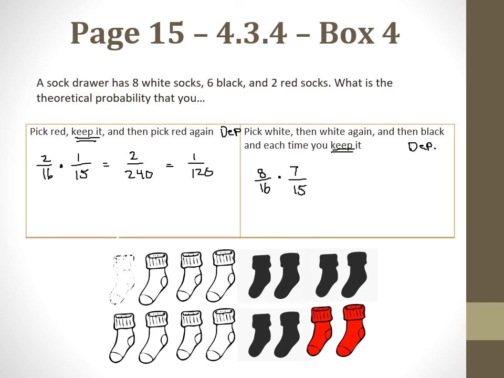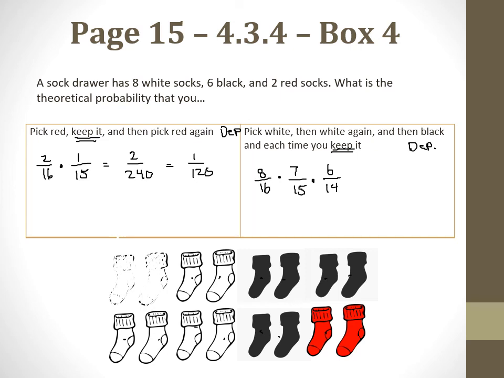But assuming that you do, that second white sock is also gone. You've got a matching pair on your foot. But then you go back in there and pull out another sock. And this time it's asking what's the probability that we pull a black one. Well, there are right now 1, 2, 3, 4, 5, 6 black socks in the drawer. And we are down to 14 socks to choose among.